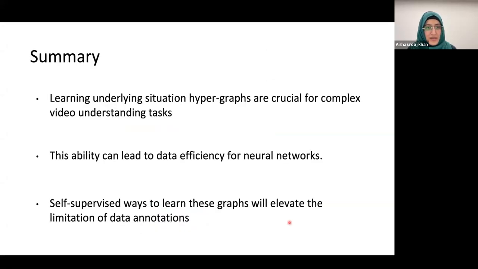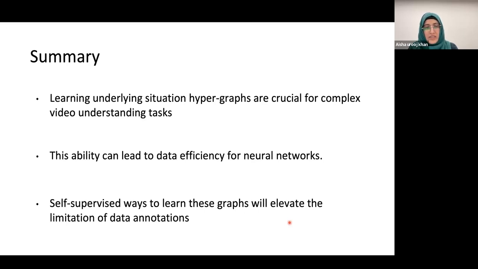So to summarize this talk, we proposed a system which was learning the underlying situation hypergraph, and it shows that learning these situation hypergraphs is crucial for complex video understanding tasks. It may lead to data efficiency for neural networks, but it has its own challenges. Like we are using the annotated graphs to learn this system. At inference time, we do not need these annotations, but at training time, we need some annotations.